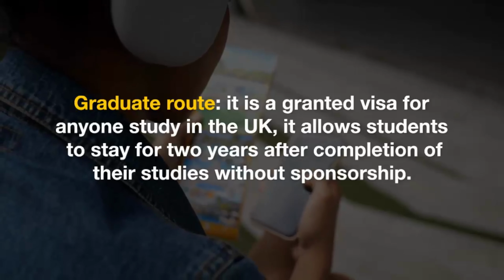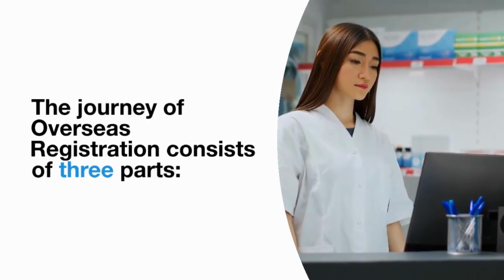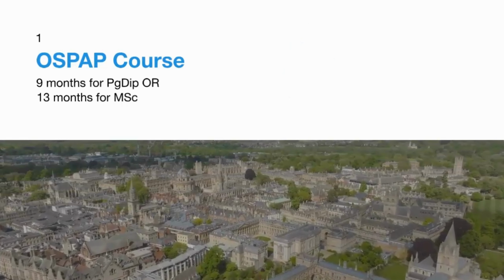So the journey of overseas registration consists of 3 parts. If you want to qualify as a pharmacist in the UK, you have to cover these steps. Number 1 is the OSPAP course. One option is the postgraduate diploma, which is 9 months, and the second is the MSc, which is 13 months.